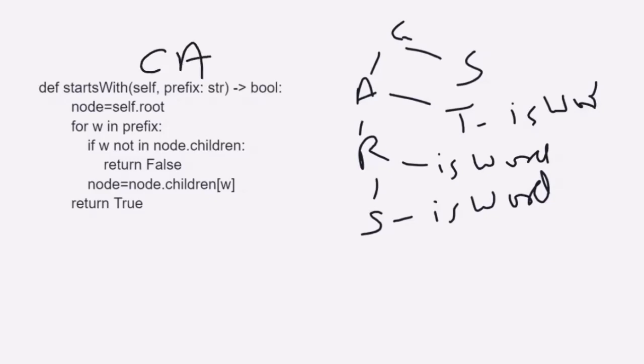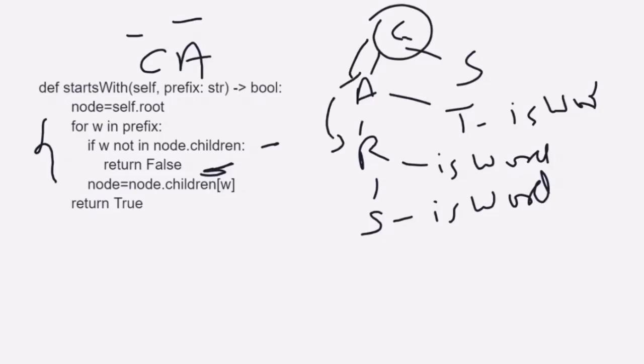So we have to check if there's a word that starts with CA or not. Now, like the previous ones, we will run a for loop, W in prefix. For each character in prefix, for C, we will check if it does not exist, because then we will simply return false. This is very, very similar to the search implementation. And then we will move to the next node and then to the next node.